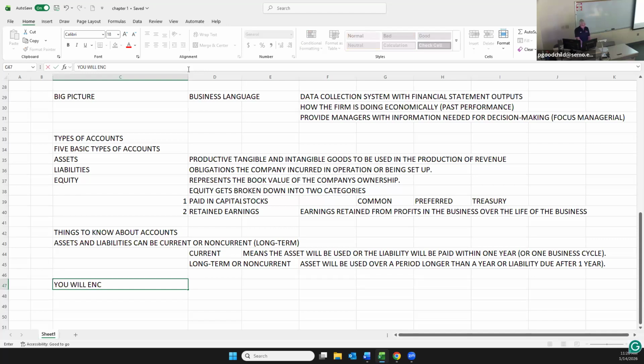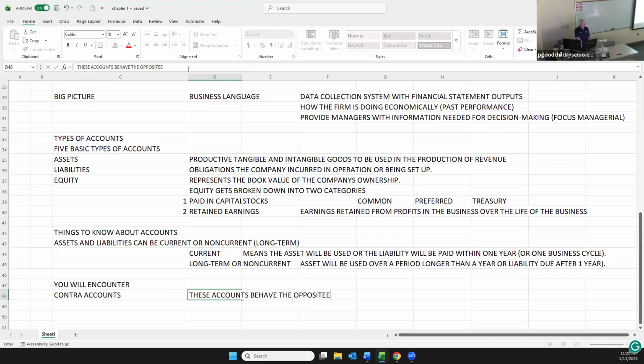You will encounter contra accounts. These accounts behave the opposite of standard accounts and have the effect of reducing the asset or liability or equity.